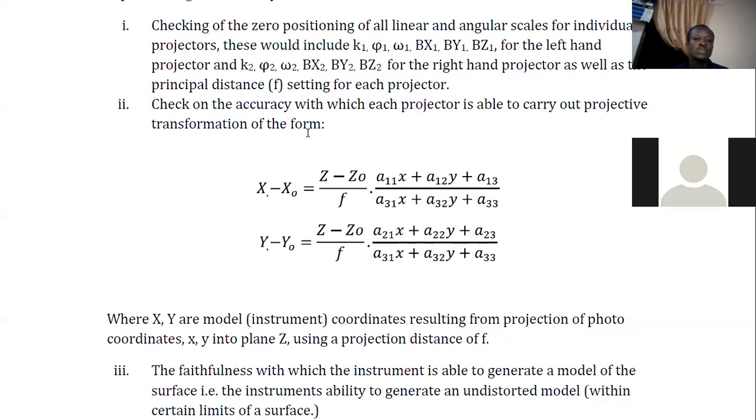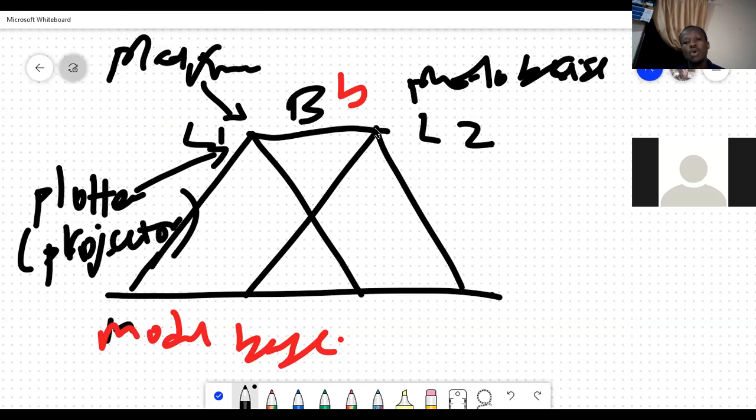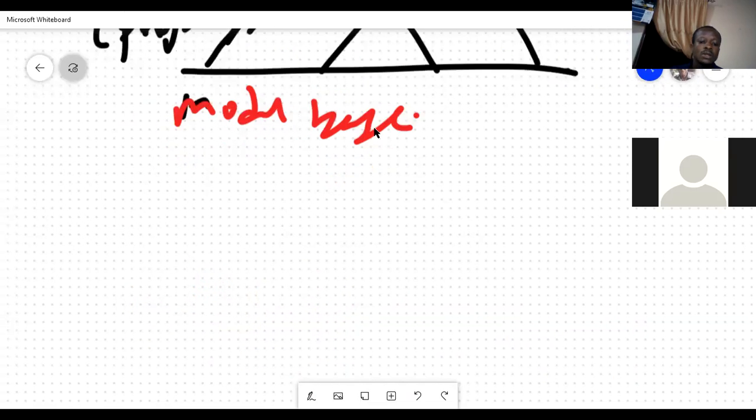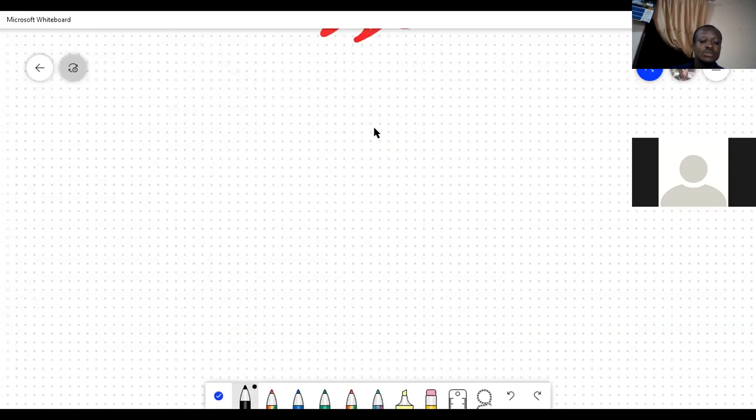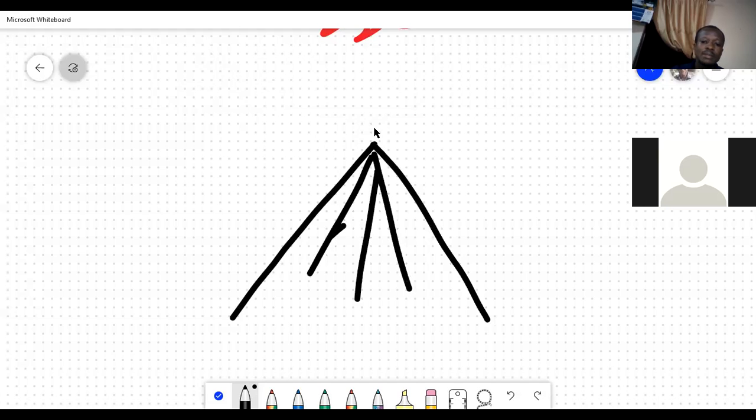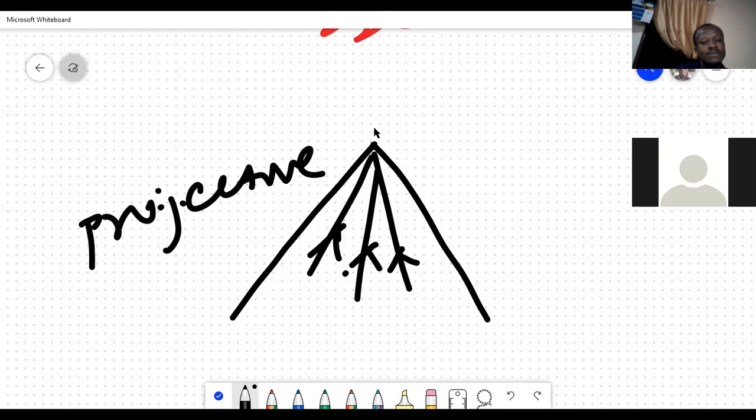The light in photogrammetry seems to all emanate from one point. So we are trying to get a bundle of light rays coming from the ground like this. So this one is a projective transformation.